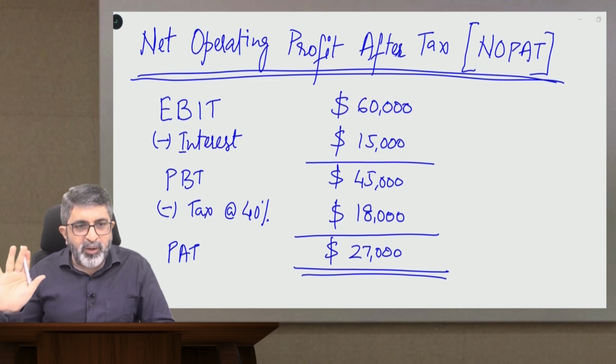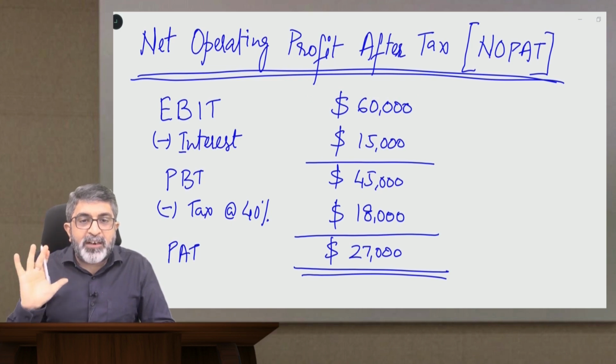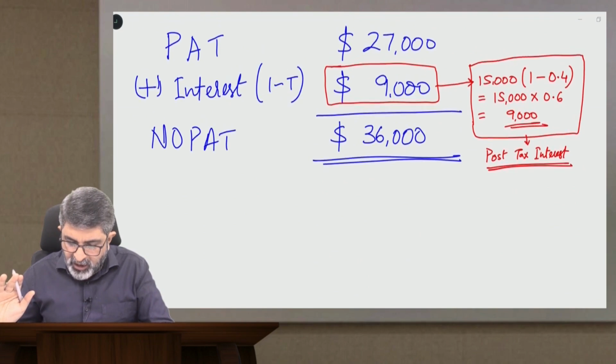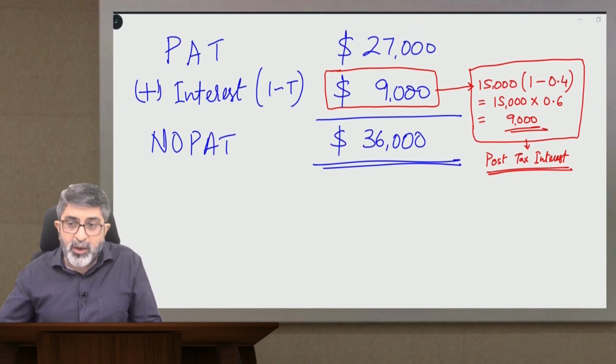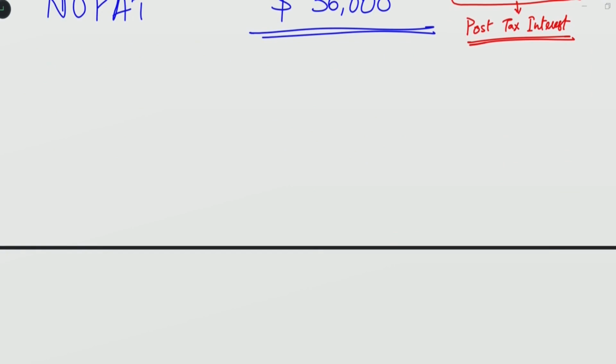You want to arrive at net operating profit after tax. So I'll give you one good way of understanding this whole thing, which can clarify your logic tenfold. Look at what I'm writing on screen now. Writing work you can always do along with me. Please pay attention to this.